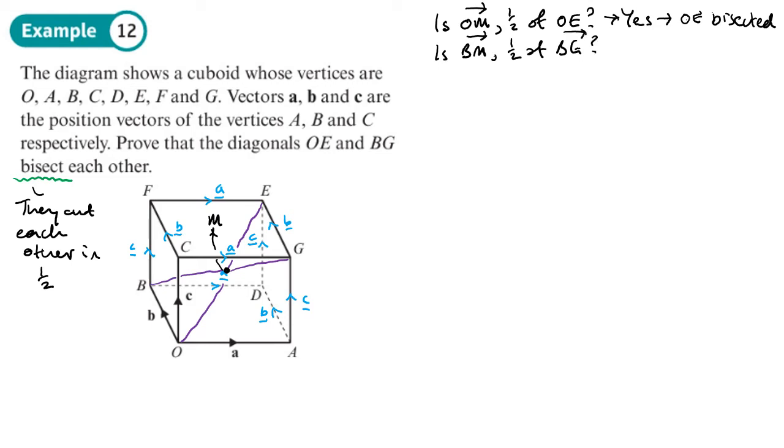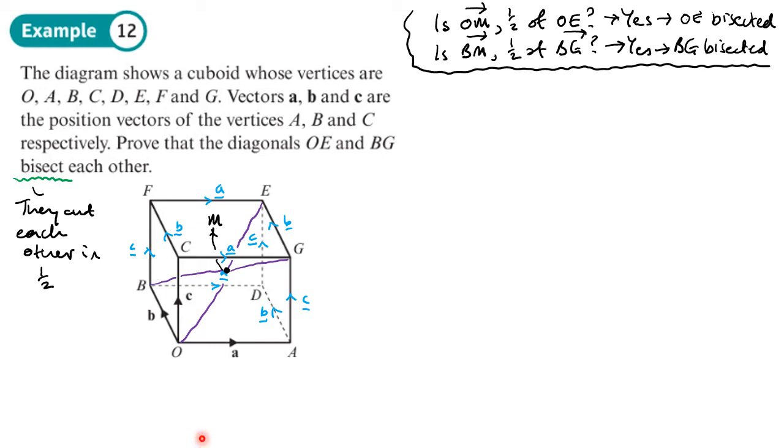If the answer to that question is yes, then that means that BG gets bisected. So our working is going to be trying to answer these two questions. Although I know students find this question tricky, by actually writing down what it is you want to prove first, it does make the question much easier to deal with.